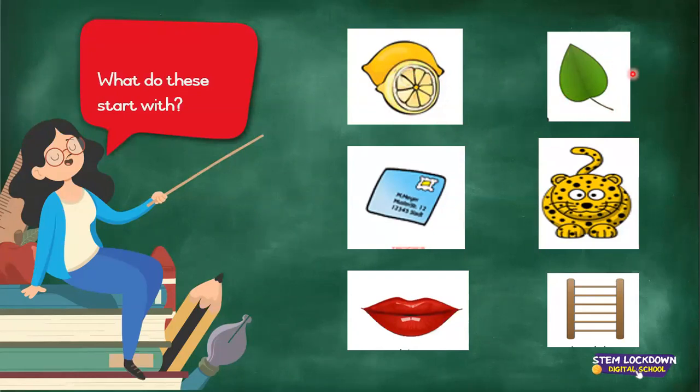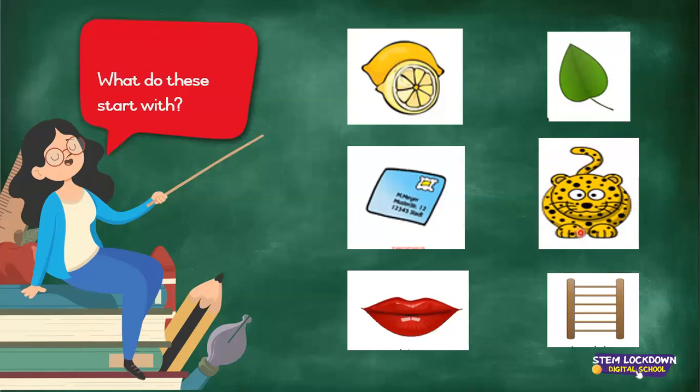What does this one start with? Lemon. It's a leaf. Who knows what this is? Letter. It's a letter. What does letter start with? L. Very good. What sound does it start with? L.